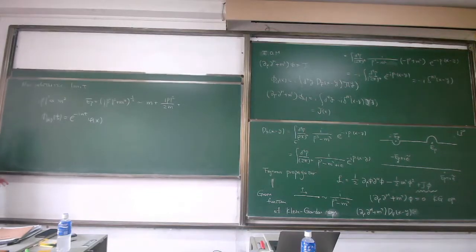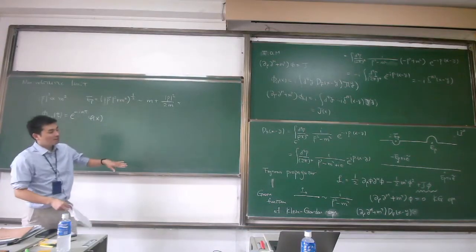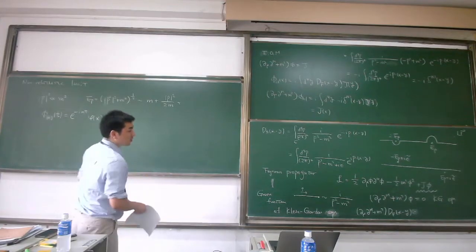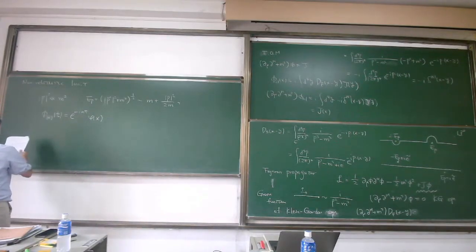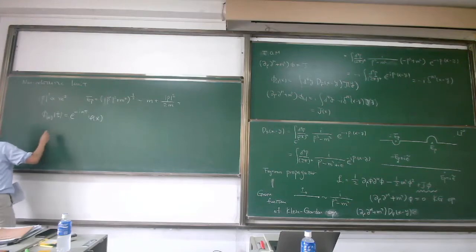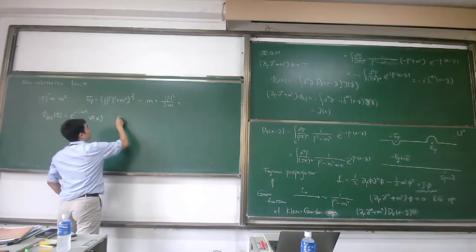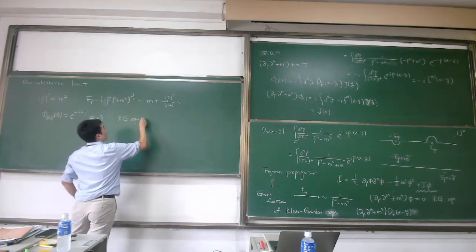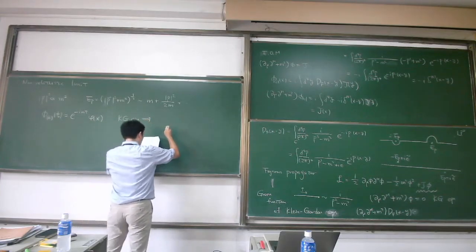If you approximate the wave function to the following form and plug it into the Klein-Gordon equation, just do the ordinary calculation.